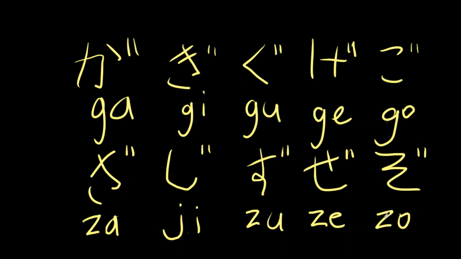Okay. Next, the ta line. So that's ta. It kind of looks like ta, doesn't it? Here's another exception. Ta, chi. They don't say ti, they say chi. And we usually write that with a ch sound.